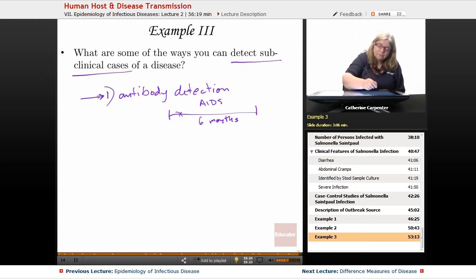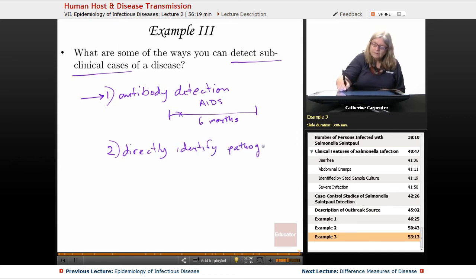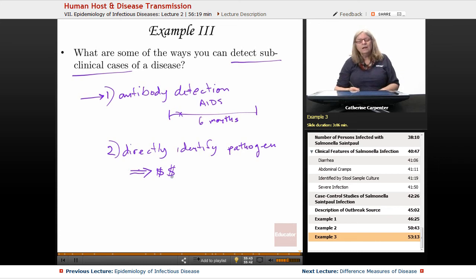But another way, if possible, you can directly identify the pathogen, but that's very expensive, and it's very difficult. A lot of times you really need to know what you're looking for.